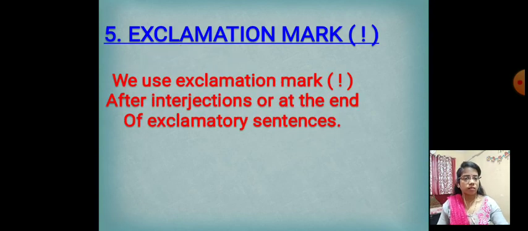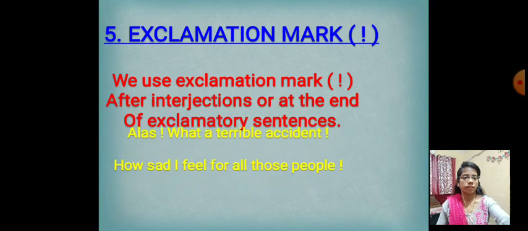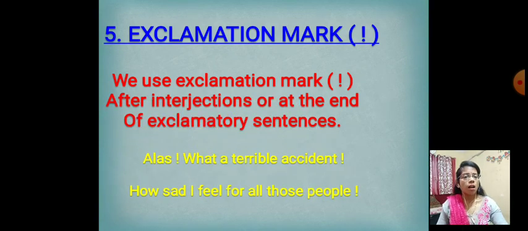Next one, exclamation mark. We use an exclamation mark after interjections or at the end of an exclamatory sentence. With an exclamation mark, sudden feelings are expressed through a particular word. For example, "Alas!